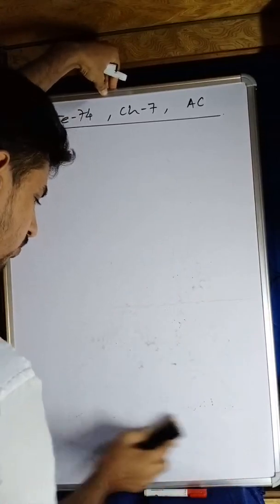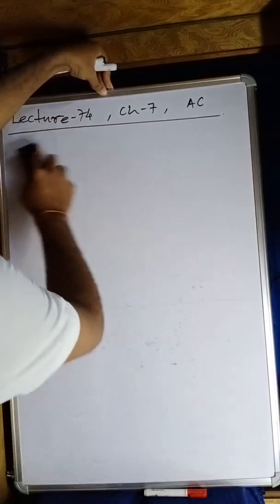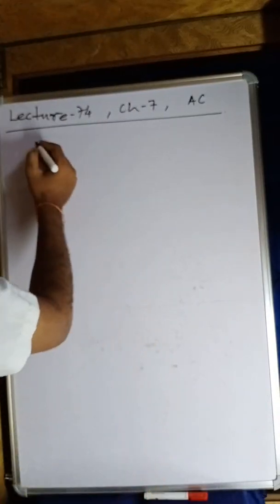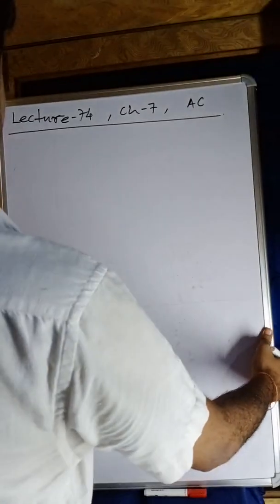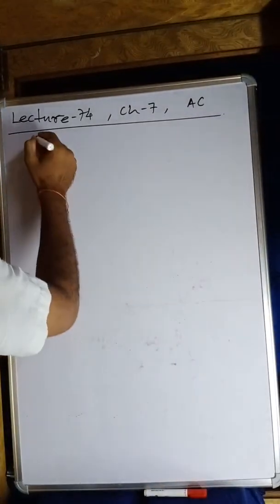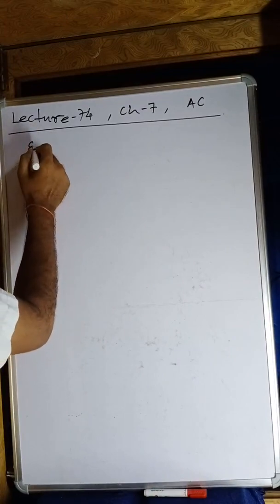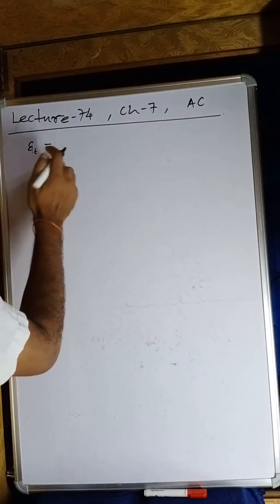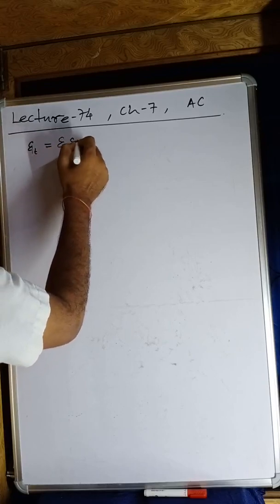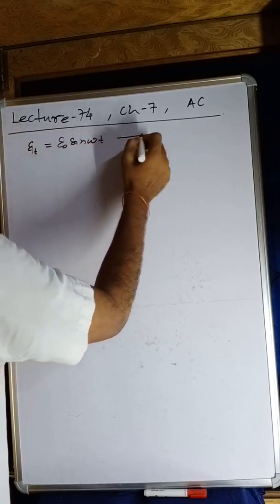We are going to plot here the sinusoidal graph. What have we calculated till now? We have calculated the instantaneous voltage as E naught sin omega t.